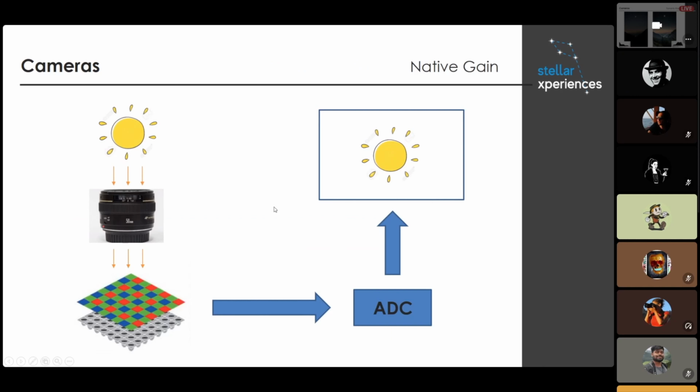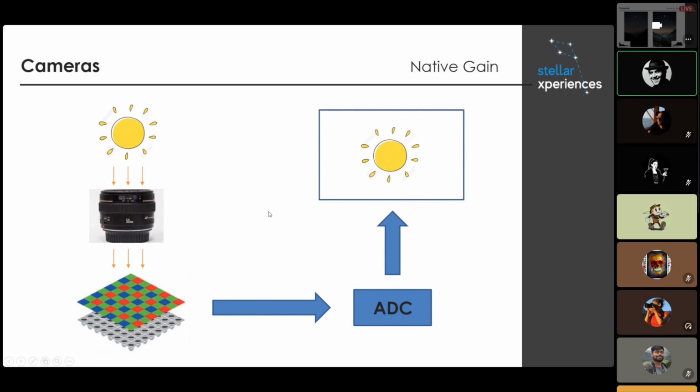For digital cameras, it is a little bit of a different story. The term ISO is used because ISO actually stands for International Standards Organization. We use ISO for the films, but it's not the same thing.